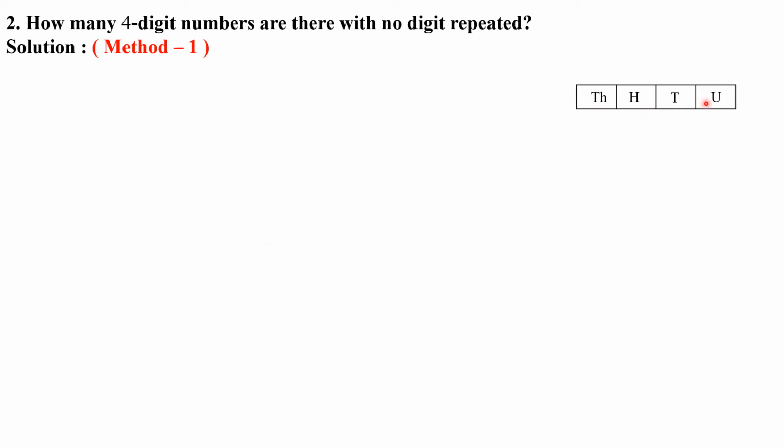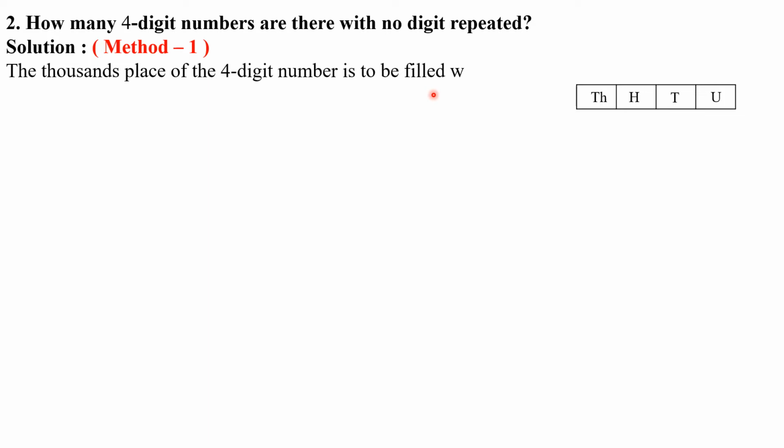Understood this one, my dear children? Right. Now come to the question. The thousands place of the 4-digit number is to be filled with any one of the digits from 1 to 9.